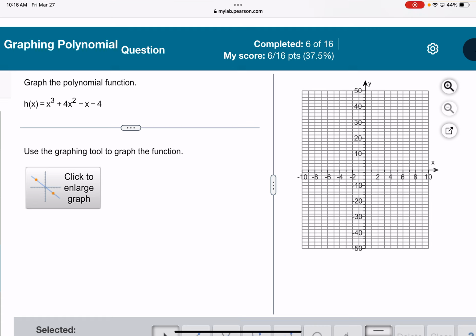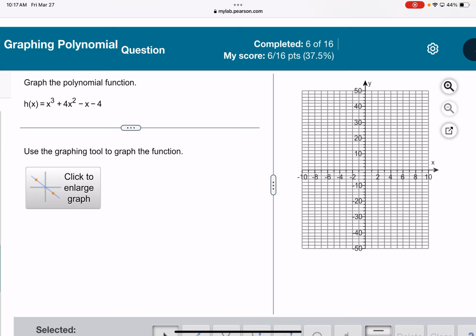I know my end behavior over there. So at the very leftmost zero, it will be coming from the x-intercept and going down. And then the very rightmost zero, it'll be coming from that x-intercept and going up because of my end behavior analysis. Okay?